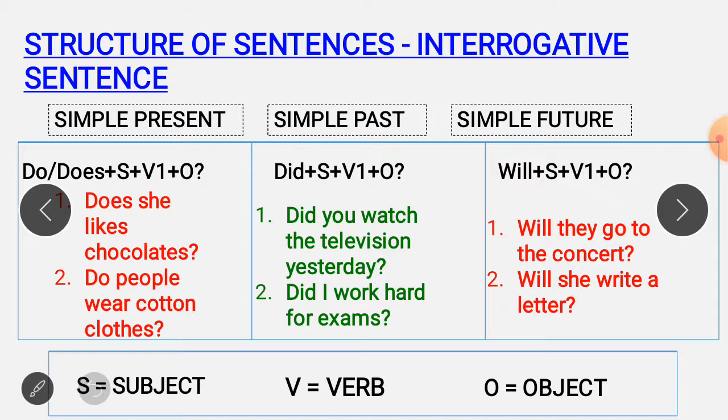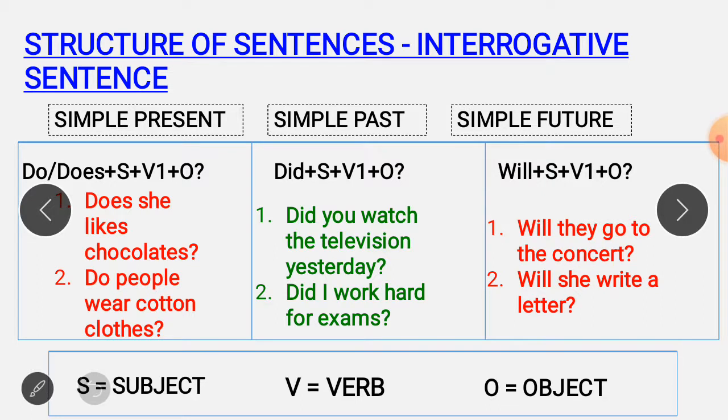Then the simple past. We have the structure as did plus a subject, followed by the verb, which should be in its base form, and then the object with the question mark. For example, did you watch the television yesterday? Did I work hard for exams?